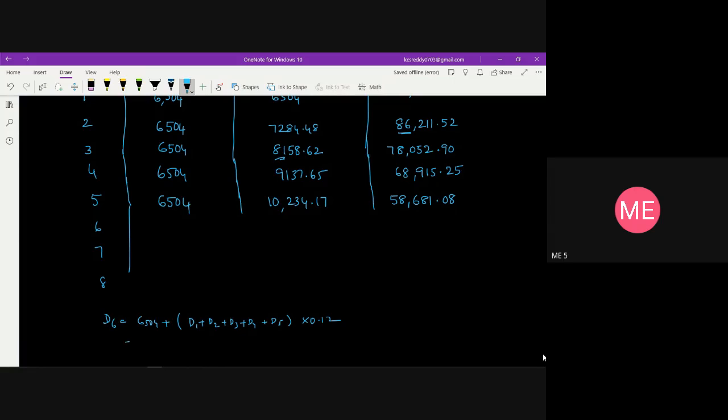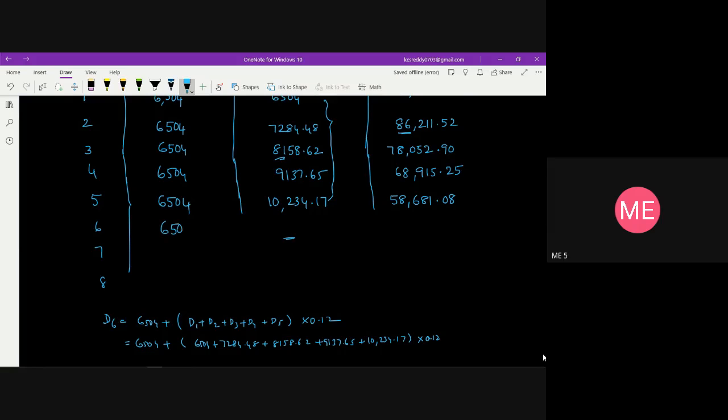That is 6504 plus D1, which we have taken as 6504 only, then 7284.48 plus 8158.62 plus 9137.65 plus 10,234.17 into 0.12. So likewise, we need to cumulatively add all these and multiply with the 0.12. Then you'll get the depreciation at the end of 6 years.